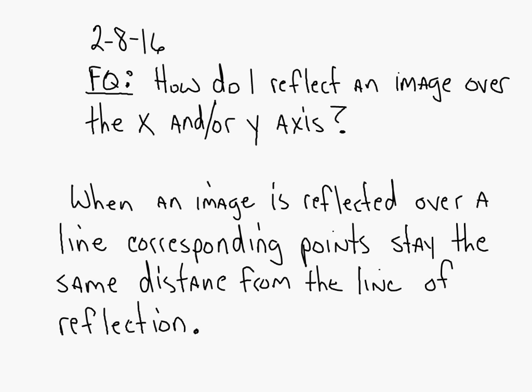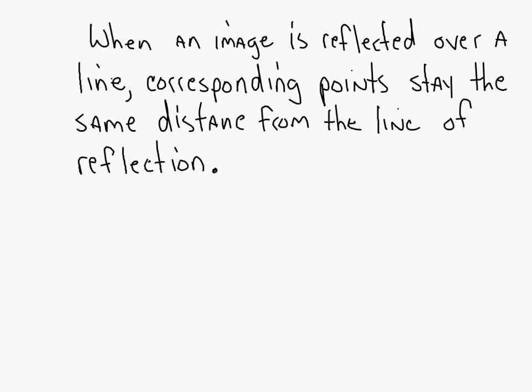That's the only thing that you really have to remember about reflection, is that when an image is reflected over a line, corresponding points stay the same distance from the line of reflection. Period. If you're given a triangle, whether it's in picture form, coordinate form, no matter what form it's in, you've got a triangle over here on the left, and it's ABC.